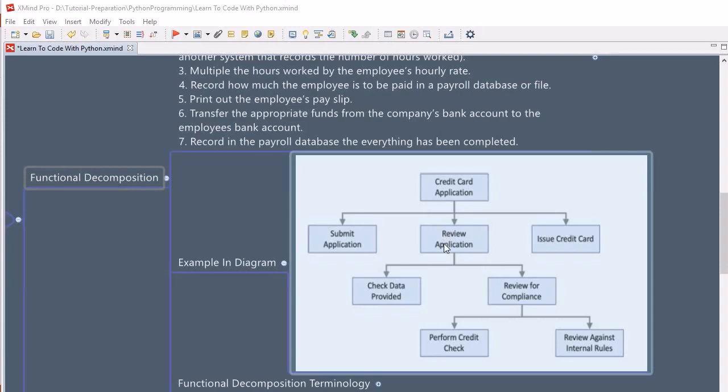Review application also contains two different functions, check data provided and review for compliance. Review for compliance is further chunked into two functions, perform credit check and review against internal rules. This is the way you can decompose the functionality into different functions.